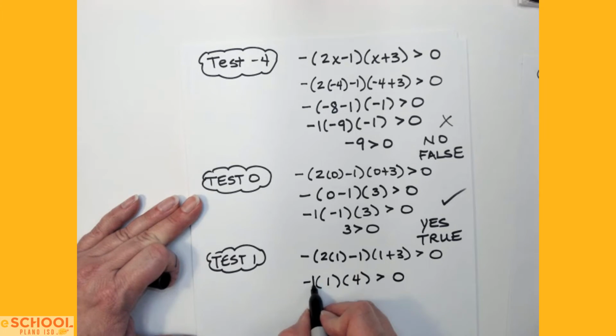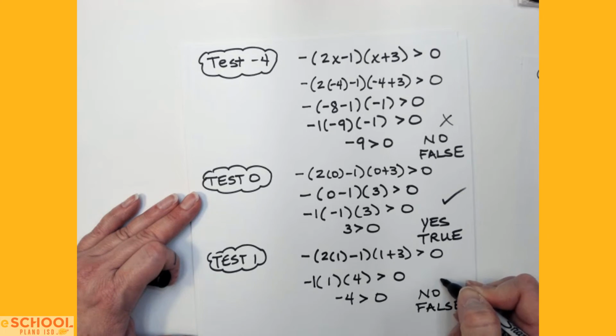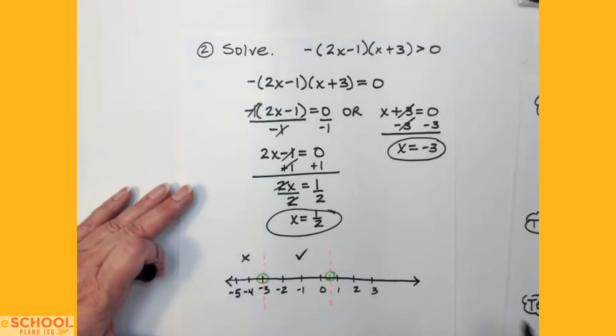So then I've got, remember, understood negative 1 there. Negative 1 times 1 is negative 1. Negative 1 times 4 is negative 4. Is that greater than 0? No, it is not. So that gives us false inequalities.